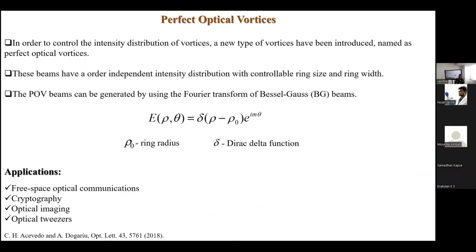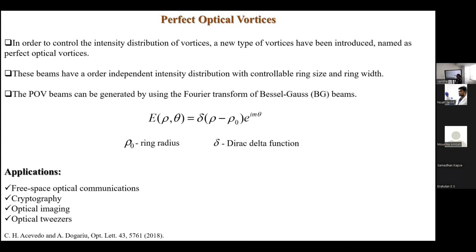So coming to perfect optical vortices, while we are using these vortices in communication, in multiplexing, we are using multiple modes to couple, and each mode has a different radius, and it is very difficult to fix the radius using these optical vortices. To overcome that problem, we are using new vortices called perfect optical vortices.